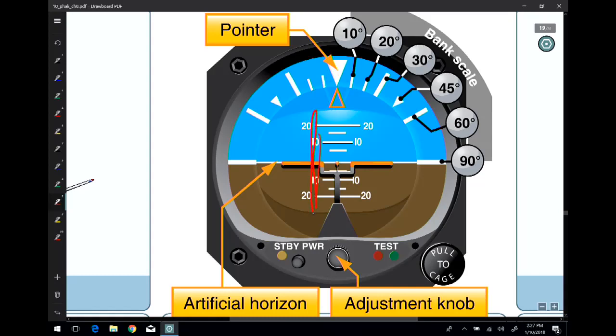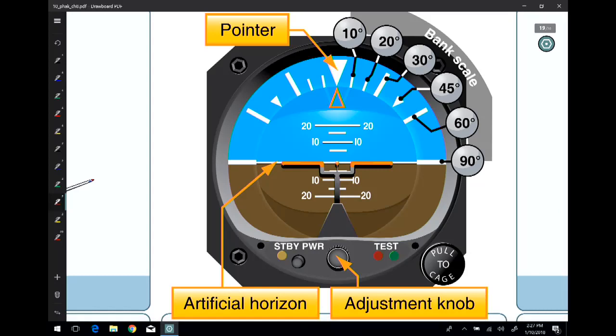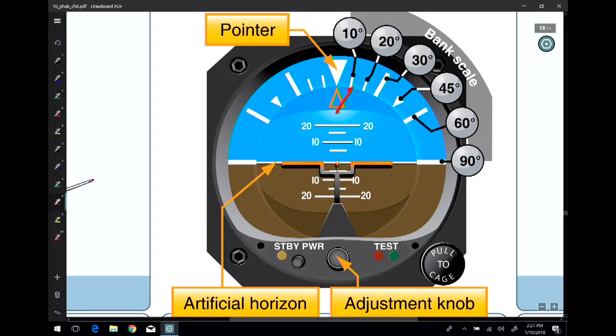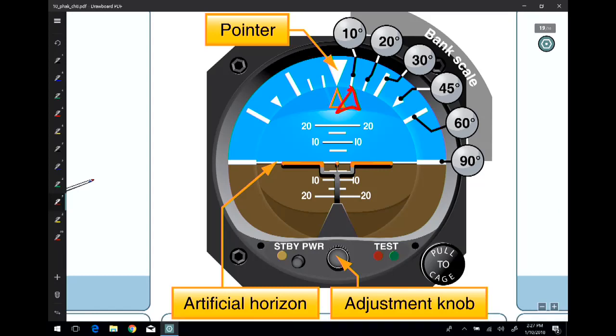This is your pitch ladder here. You'll notice that as you get into the blue, 5, 10, 15, 20, those are the degrees up. We have the same thing going down. Then we also have our bank. So for instance, if I'm banking to the right, this little indicator will come over here, and it'll begin to look like we're banking to the right.